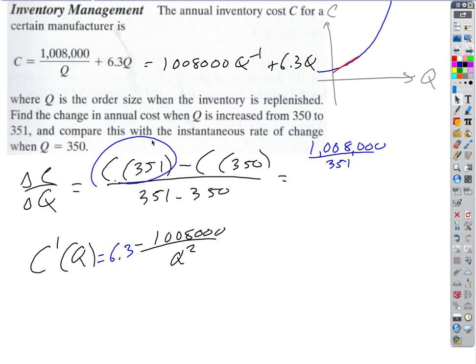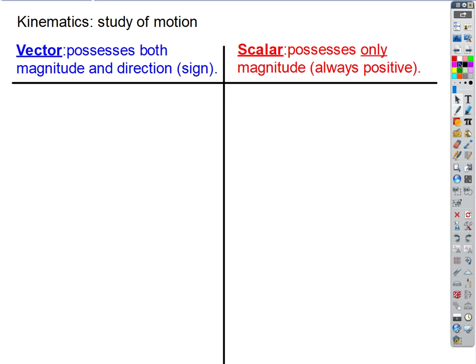Okay, so position is what we call a vector quantity. And that's going to be S of t. Position's a vector quantity because it has both a magnitude and a direction.